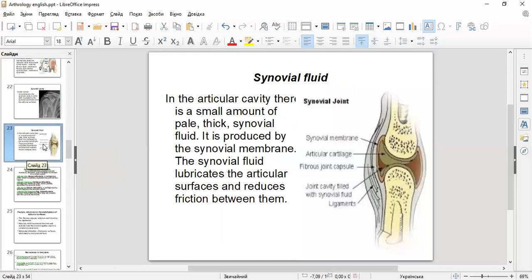Synovial fluid. In the articular cavity, there is a small amount of pale, thick synovial fluid. It is produced by synovial membrane. The synovial fluid lubricates the articular surface and reduces friction between them.